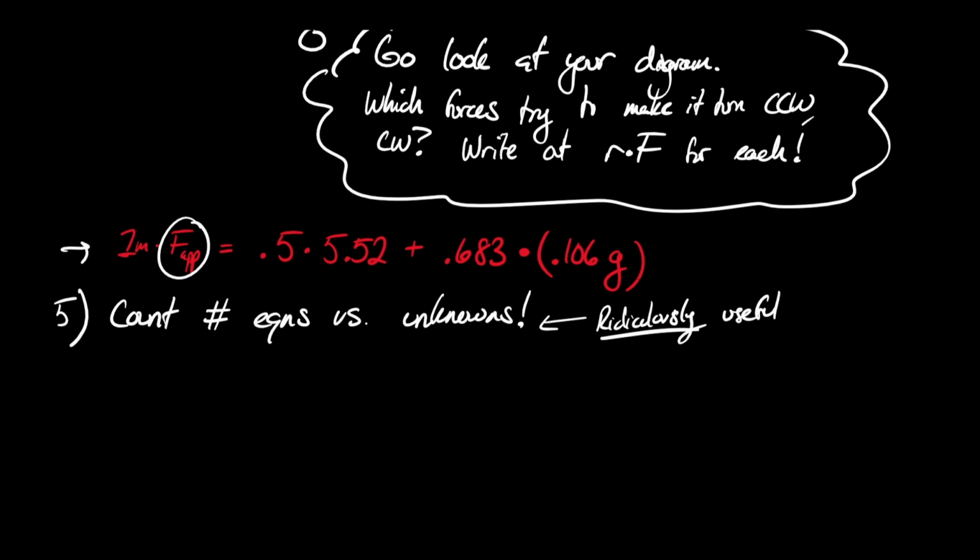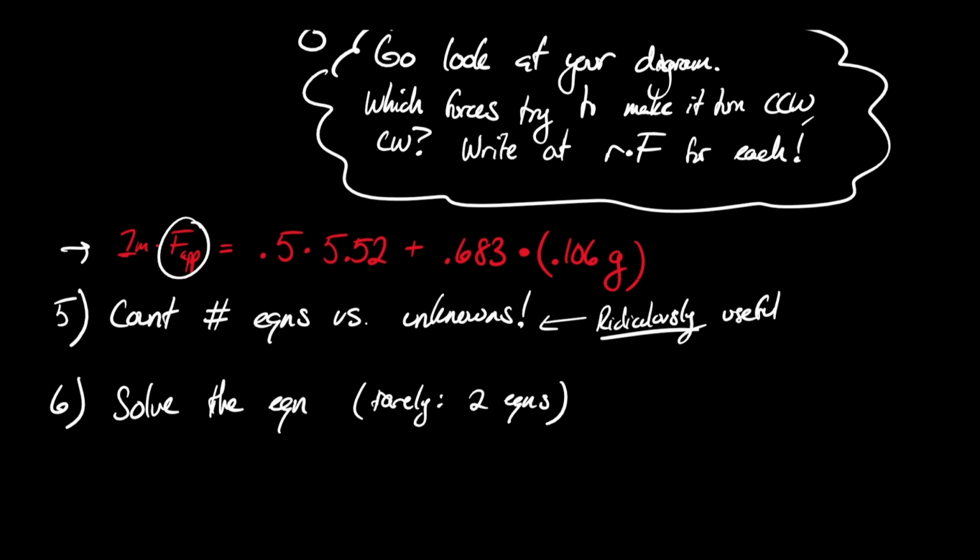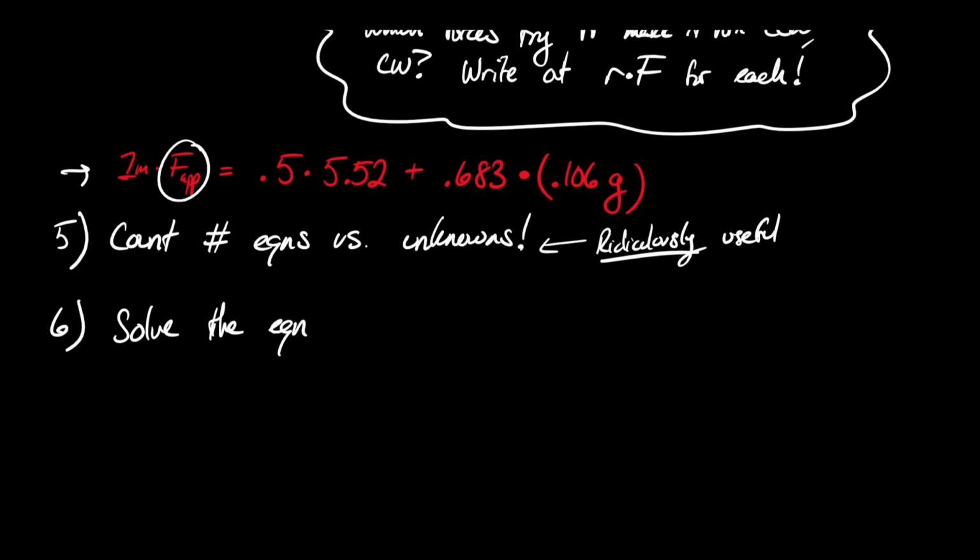Now something I want to bring up is that step 6 normally would be just to solve, and I guess technically step 6 is solve the equation, or rarely two equations that you'll get, but you can't do torque along x and torque along y. It's all sort of in the xy plane. So I suppose really it's only ever one equation. What will sometimes happen is this step might fail.